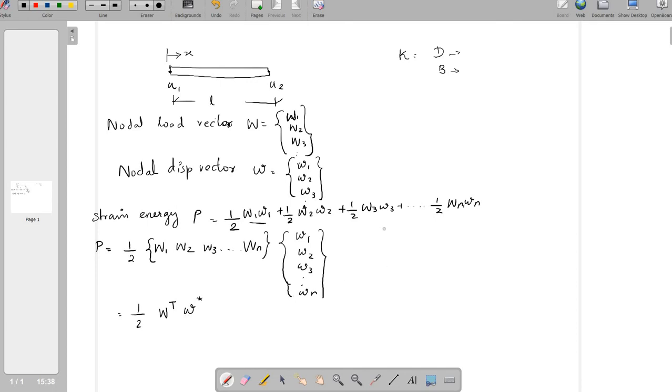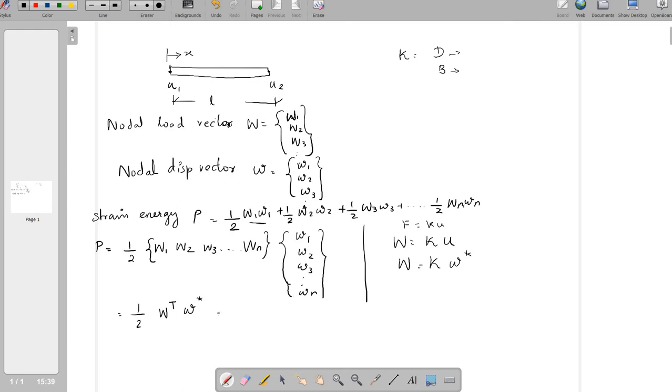So we know that from the basic equation of finite element, W is equal to K into U. Here that is F is equal to K into U. Here we can write capital W is equal to K into, here we represent U as W star.